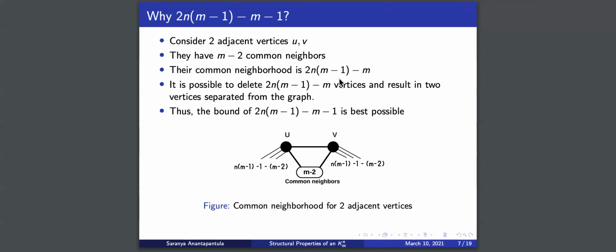So the common neighborhood of these two vertices is 2 times n times (m-1) minus m. Hence, it's possible to delete that many vertices and have at least 2 vertices that are separate from C. So in order to have a resulting graph with at most one singleton, 2n(m-1) minus (m-1) was the best possible bound.